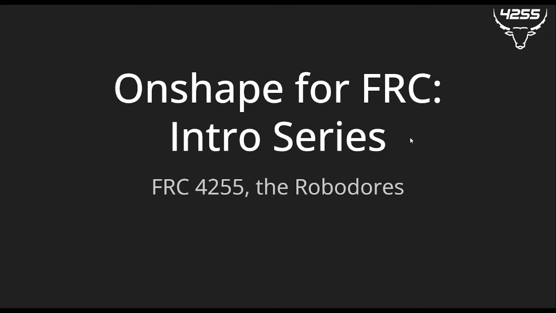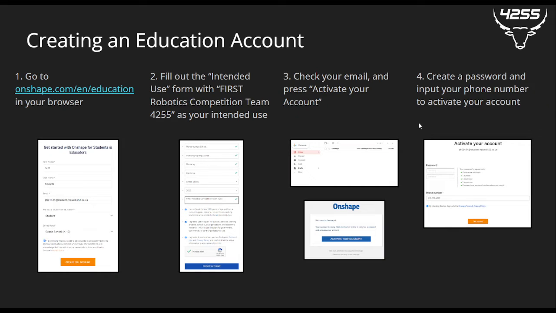To get started, the first thing that everyone's going to need to do, if you haven't done it already, I know I sent out the instructions for how to do this via email, so some of you may have already done this, but if you haven't, go to onshape.com, that's the software that we use for CAD, /en/education in your browser, and I can basically demonstrate how to do this.